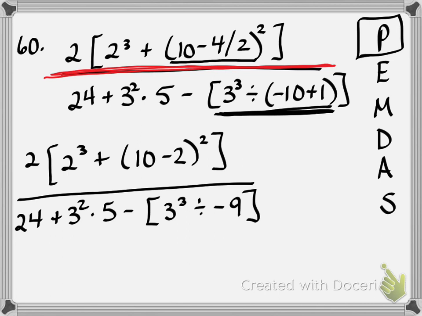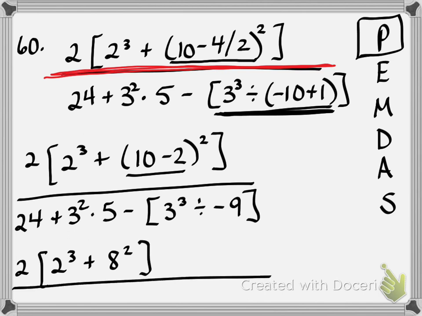Now back to the numerator. Inside this big bracket, I still have a set of parentheses. And in the denominator, I've got a bracket I'm still working with. Inside the bracket, there are exponents, so we have to do 3 times 3 times 3 first.